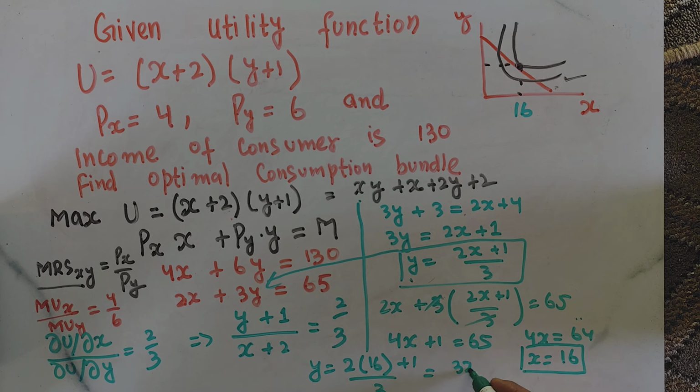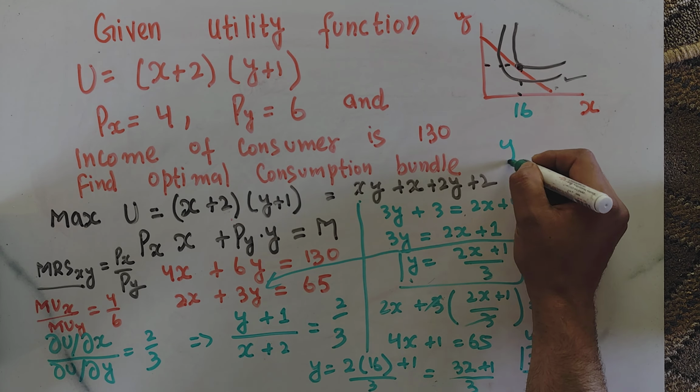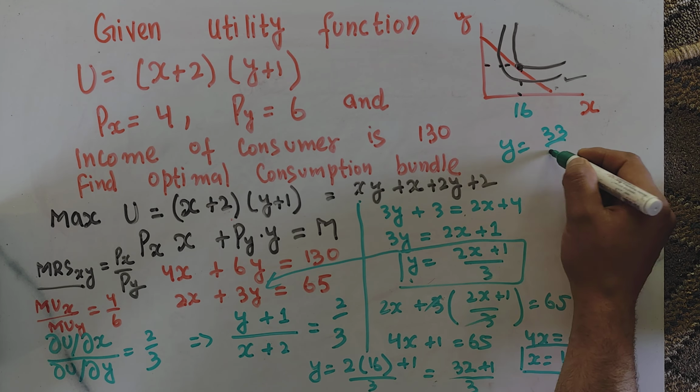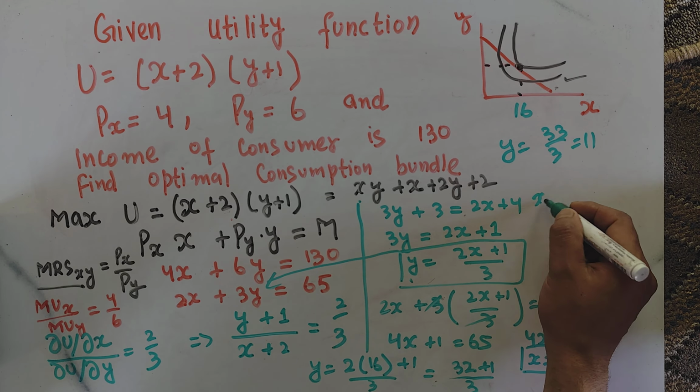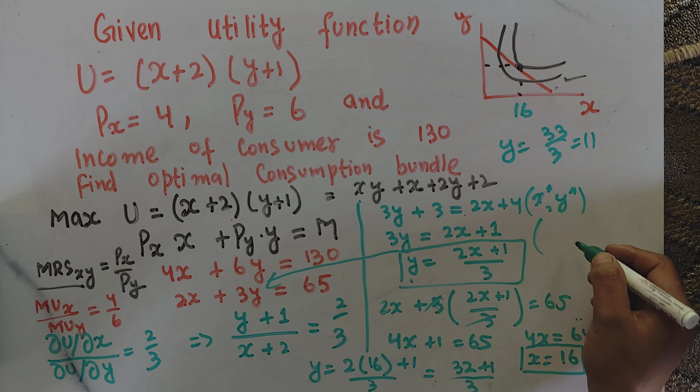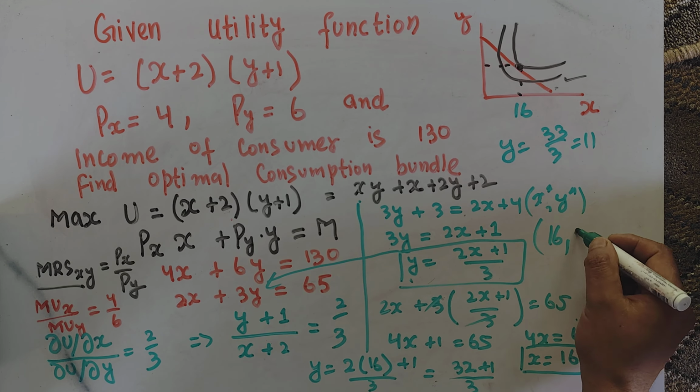So we get (32 + 1)/3, that gives us y equal to 33 upon 3, which is equal to 11. That means the optimal consumption bundle, that is x star, y star, will be equal to 16 and 11.